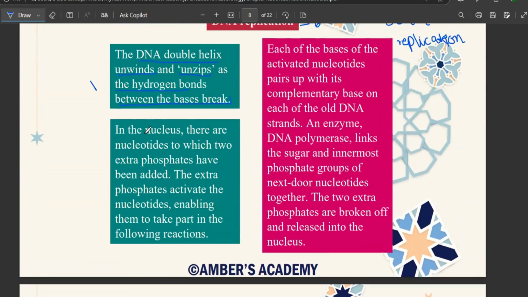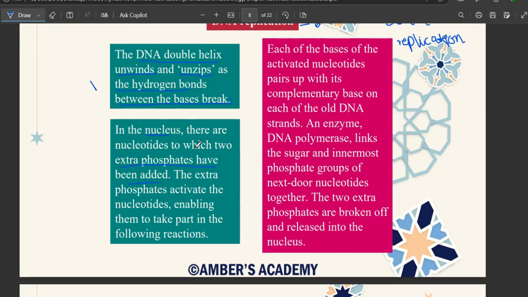Then in the nucleus, there are nucleotides to which 2 extra phosphates have been added. Okay? So in your nucleus, there are free nucleotides as well. And you now know the structure of nucleotides, so it should not be difficult for you to comprehend that there are nucleotides present in the nucleus, and they're free. They are not associated with any of your DNAs.